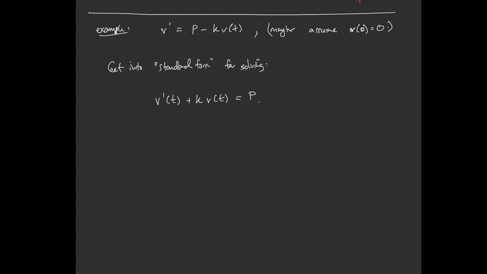Now, the next step here might seem like a bit of a shock, but what I'm going to do is multiply both sides by e to the kt. Okay, why is this the case? Well, you'll see in a moment. All right, I'm going to multiply both sides by e to the k times t.